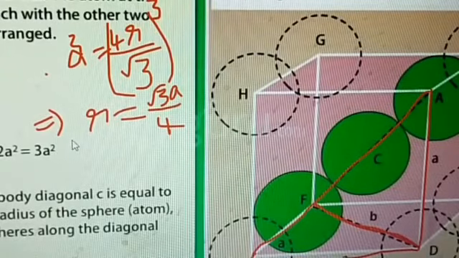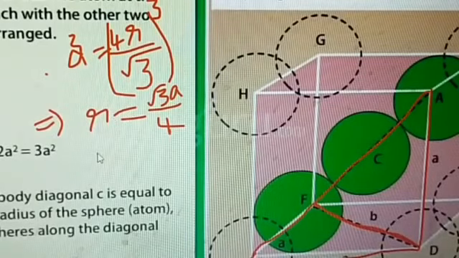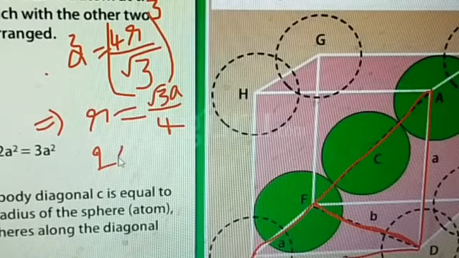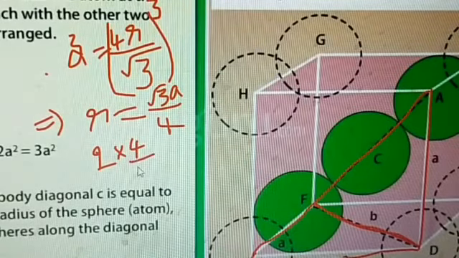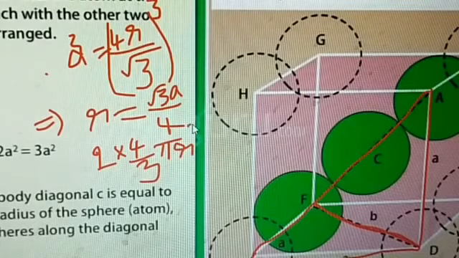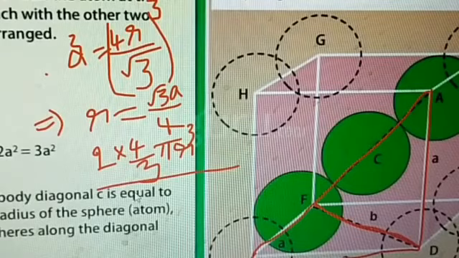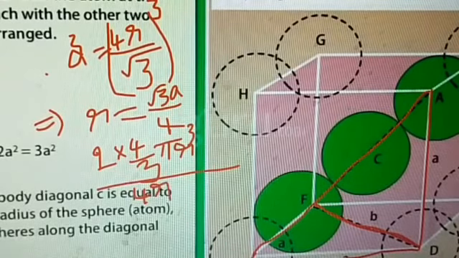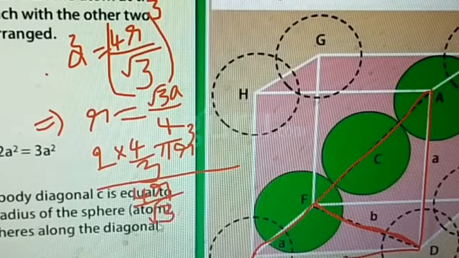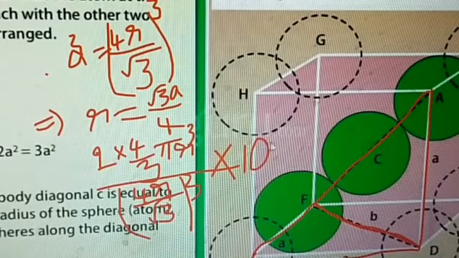Then two atoms means 2 into 4 by 3 pi r cube, divided by the volume of the cube, 4R by root 3 whole cube, into 100, since it is a percentage.